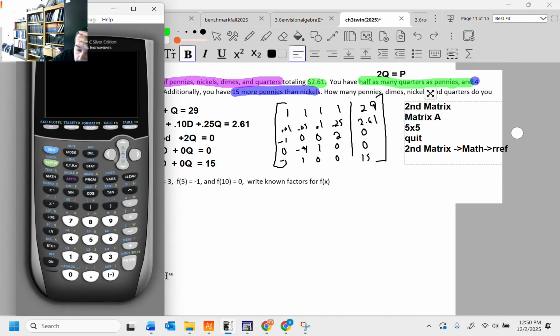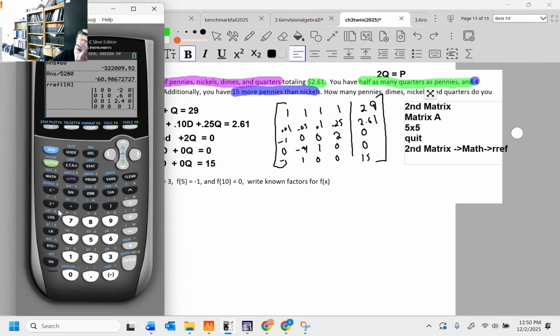So if you want to fast forward or whatever, pause while you play along. I don't know why I hit Y equals. Second matrix A, edit. She is going to be a 5x5. And I've already done some of this one.